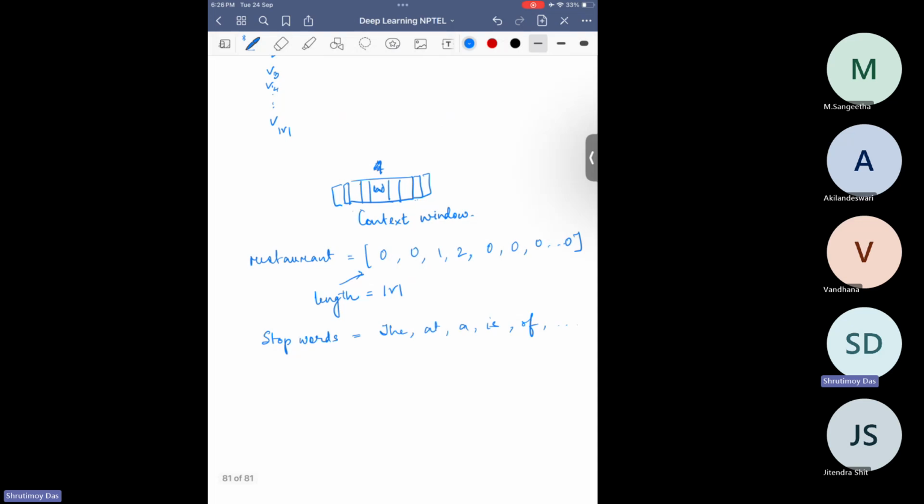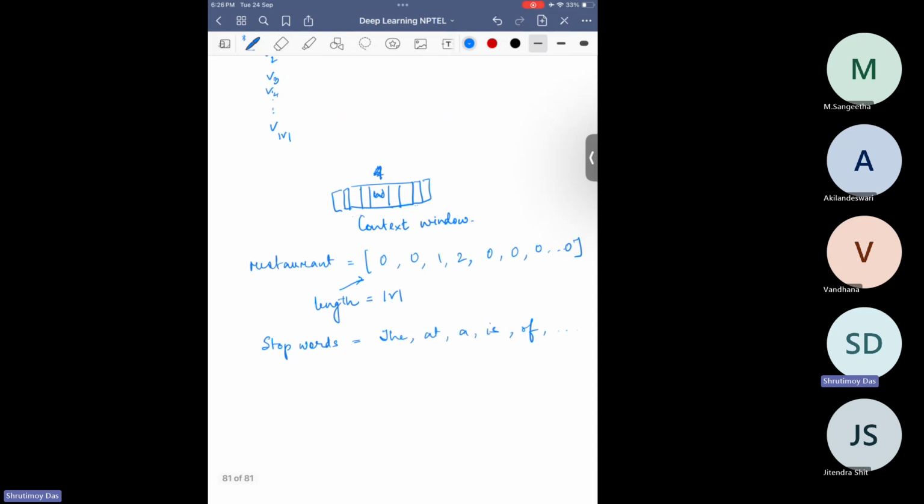The effect is that the context length of each representation decreases a bit, but not by much, because there can be only a certain number of stop words. Given the data set, you can remove these stop words, create a vocabulary out of the remaining words, and then you get your representations.